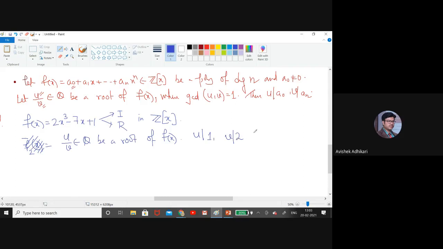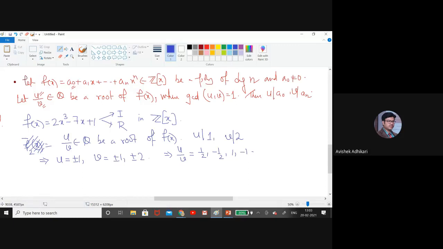Okay, so what could be the value of u? u must divide 1, that means the value of u could be plus minus 1. And what could be the value of v? That should be plus minus 1 or plus minus 2. That implies what would be the value of u by v? The value of u by v could be, say, half, minus half, 1, or minus 1.